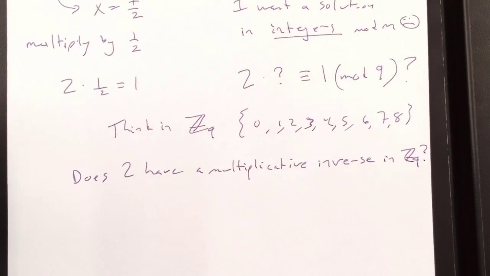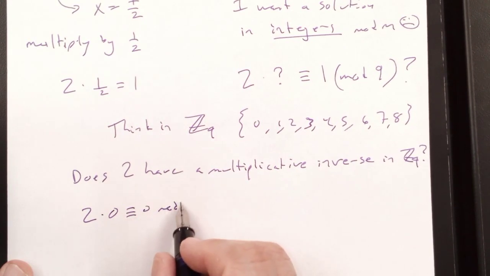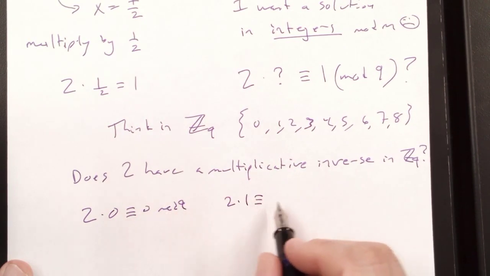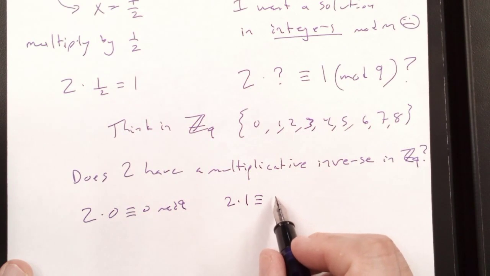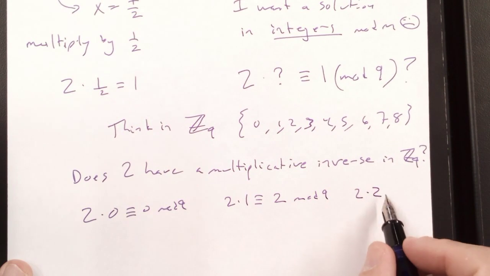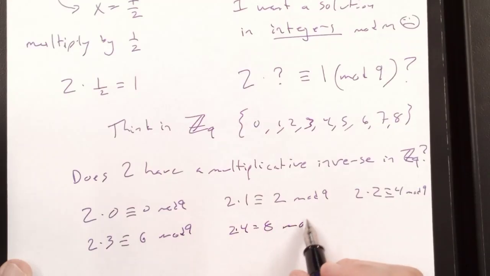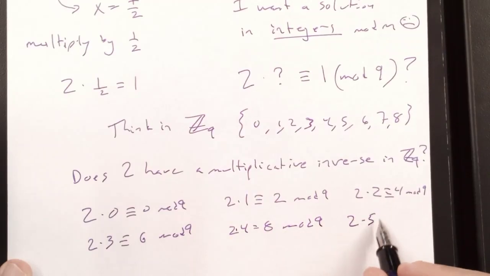Well, let me start multiplying. What's 2 times 0? So that's 0 mod 9. How about 1? 2 times 3. 2 times 4. 2 times 5.